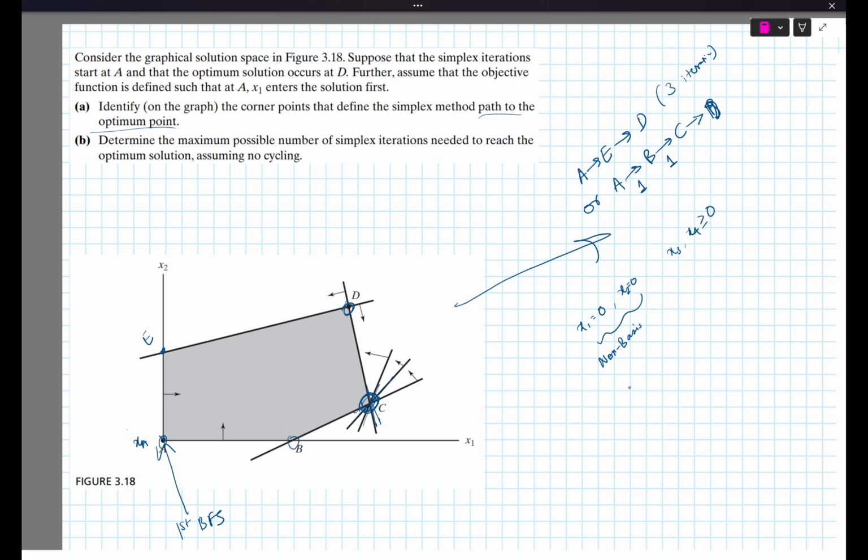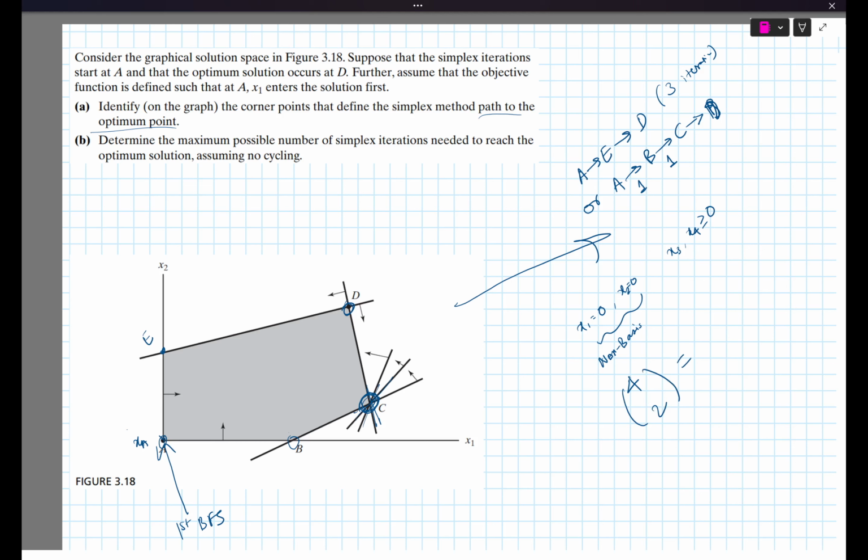So there are four constraints, and you need only two constraints to be active at a time. So those extra variables that are there can come and go from the basic set. Yes, so you'll have 4 choose 2 ways.